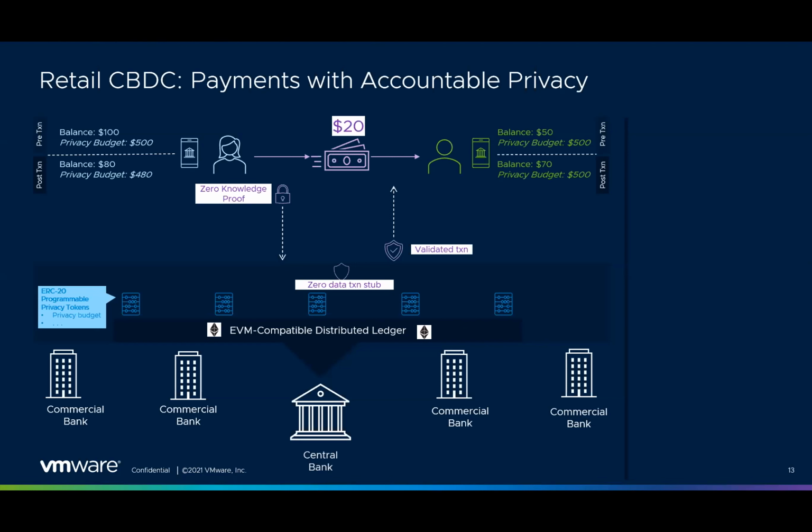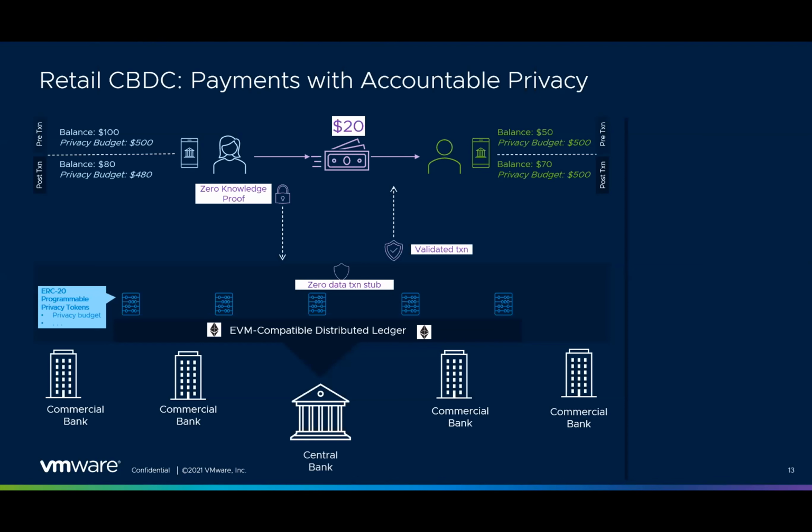This is a trusted ledger between central banks and commercial banks. To summarize what accountable privacy really means: below the privacy budget, it's all anonymous, just like cash. Above the privacy budget, it's nothing different than a standard bank account or credit card, as simple as that, no change.